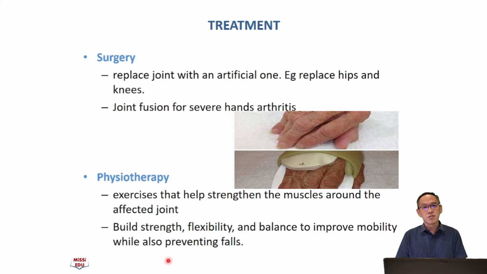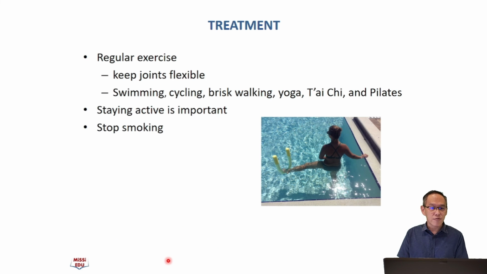And physiotherapy is very useful for arthritis. Exercise helps to strengthen the muscle around the joint area, to build strength and build balance back to the patient, to improve the mobility while also preventing falls. Now, the other part, regular exercise.